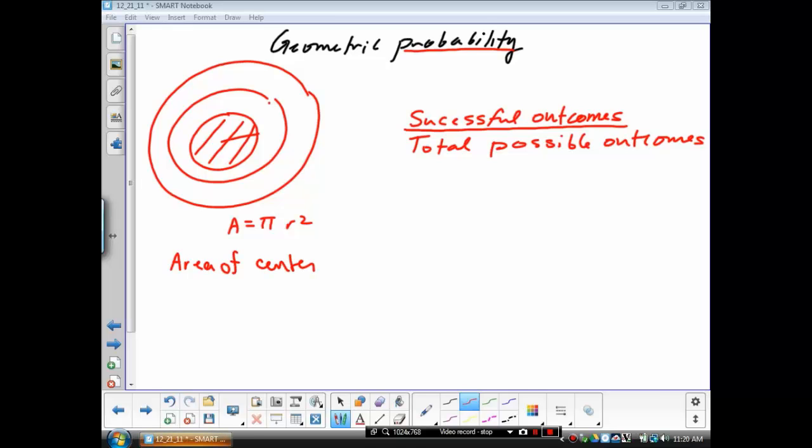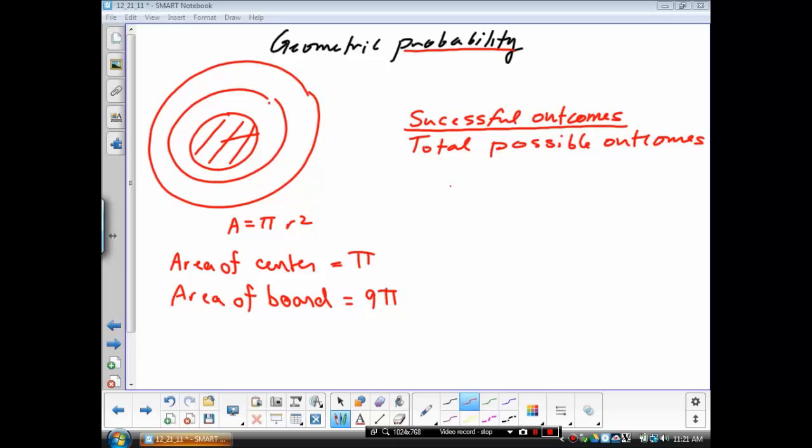So the area of the center is going to be 1 squared times pi, which is pi. The area of the whole dartboard is going to be 3 squared times pi. So my ratio is going to be 1 to 9, because it's going to be pi over 9.